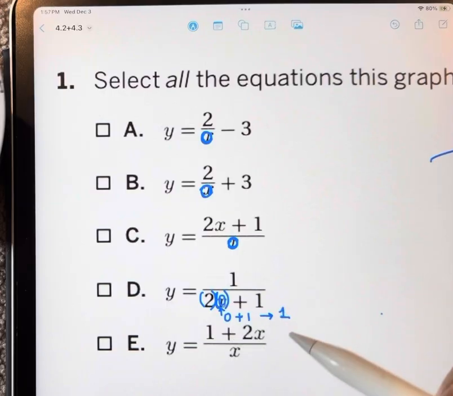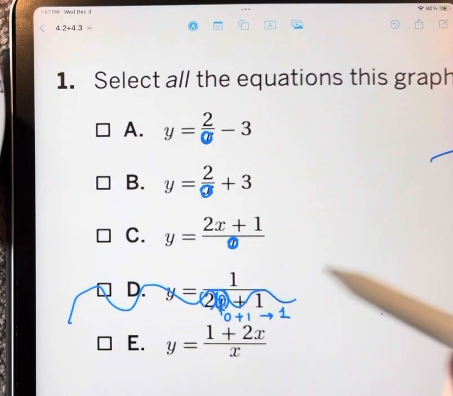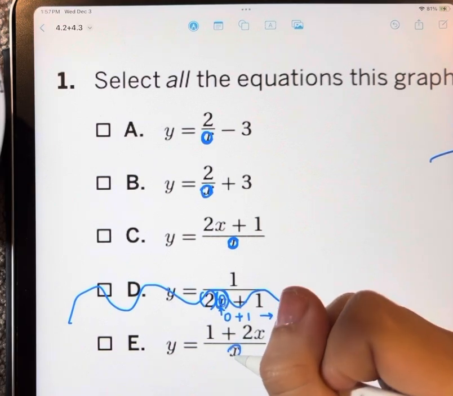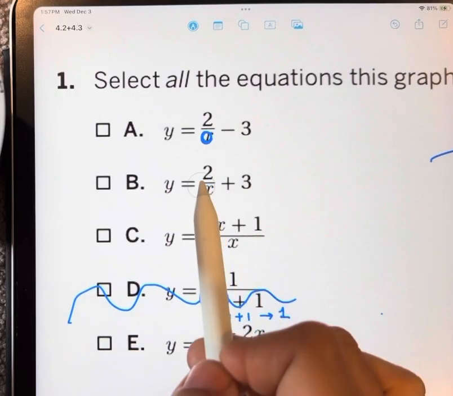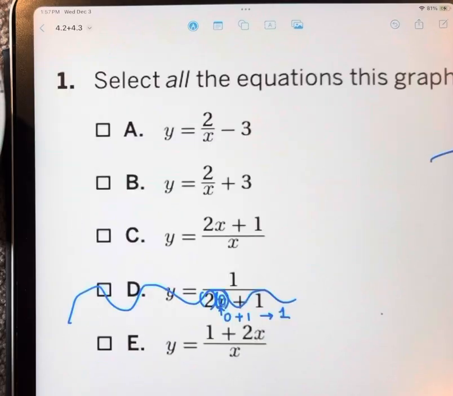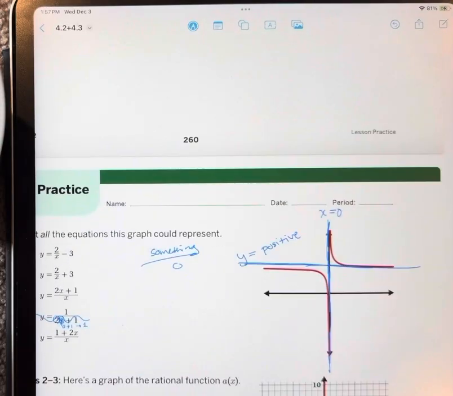So did plugging in 0 for x make the denominator 0 this time? It didn't. It made the denominator 1. So this one is actually not a possibility. And for this one, again, if I let x be 0, then it is 0. So we were only able to eliminate one choice using our vertical asymptote, which means that our horizontal one has to tell us the rest.